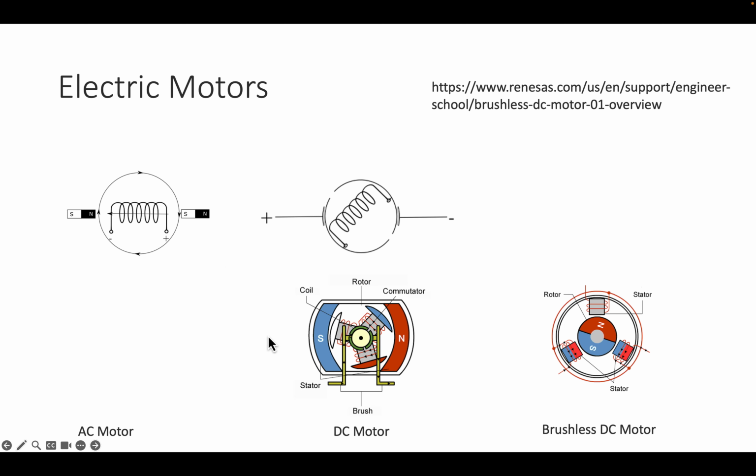So how does a motor work? In the most basic form, a motor is a coil that can rotate within a permanent magnetic field. And when you put electricity at this coil, you create a magnetic field, which will then be attracted and repulsed from this permanent magnet.